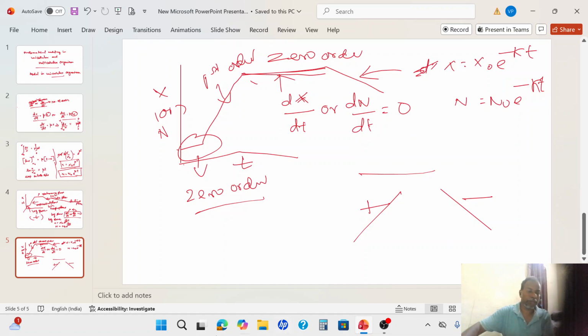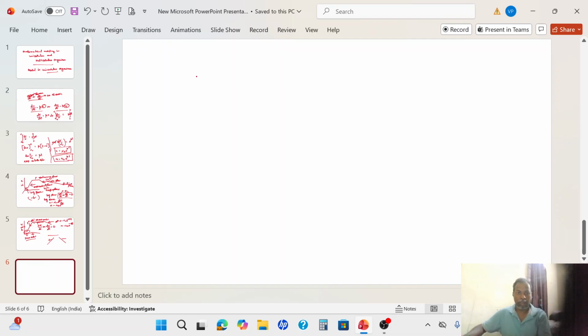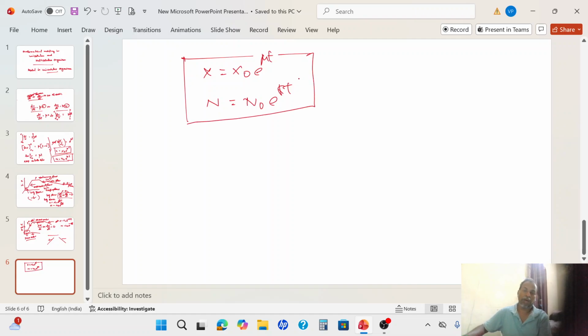Hence the conclusion is biomass growth x is equal to x naught e power mu t, or in terms of n it is n naught e power kt. This is the growth of bacterial cells or unicellular organisms, which obeys first order kinetics.